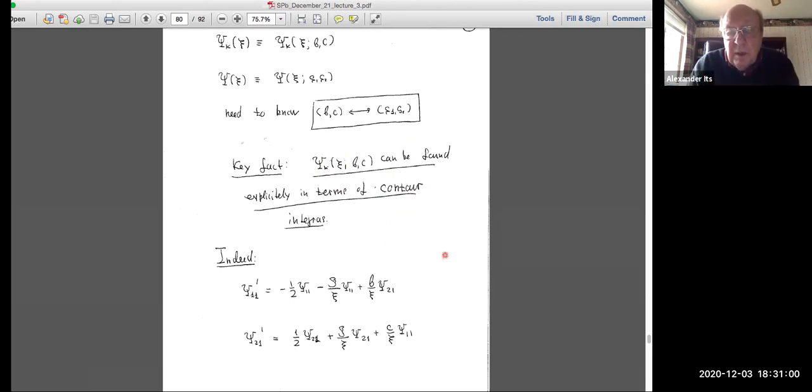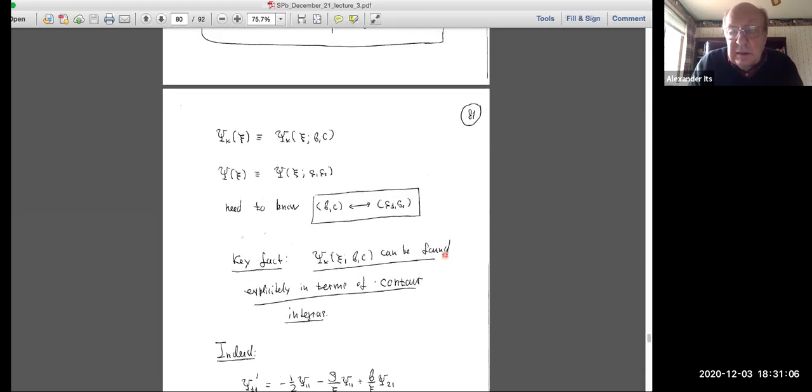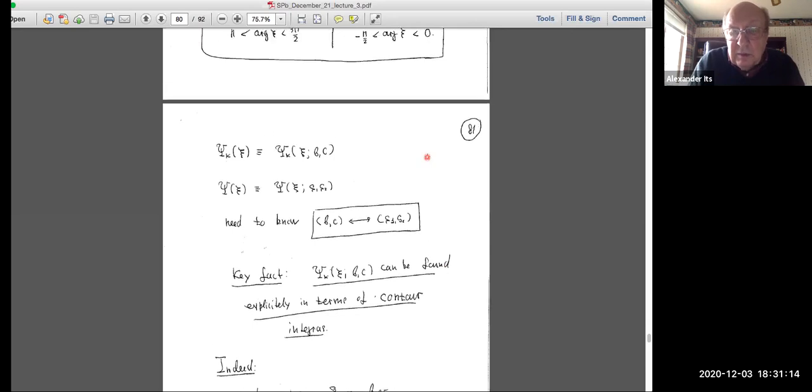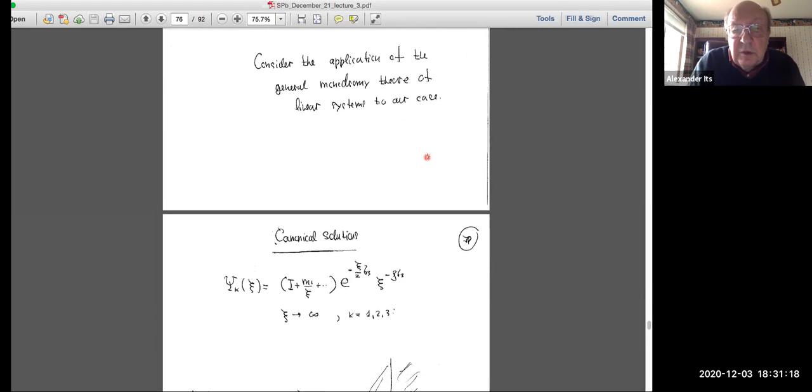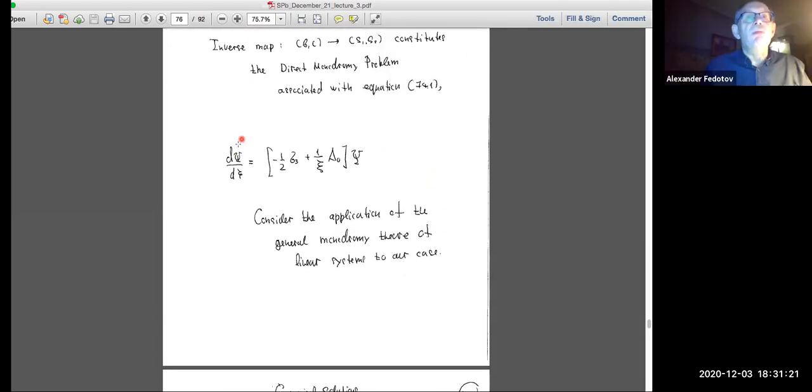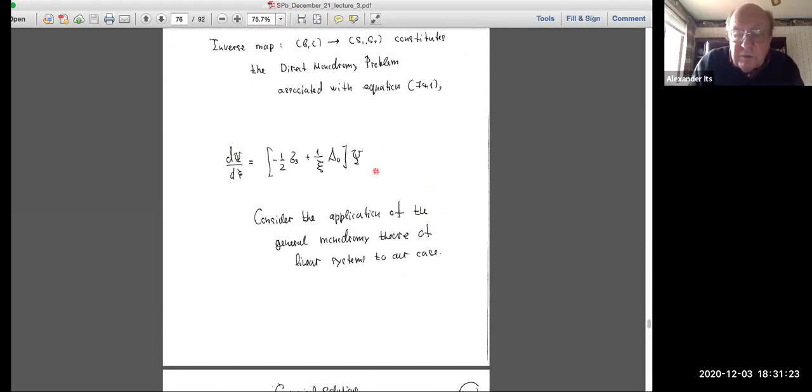Now, why is this so? This is a simple but, from my point of view, very mysterious fact. The mystery is that I cannot see that my system can be solved explicitly in terms of contour integrals from the matrix form of this system.